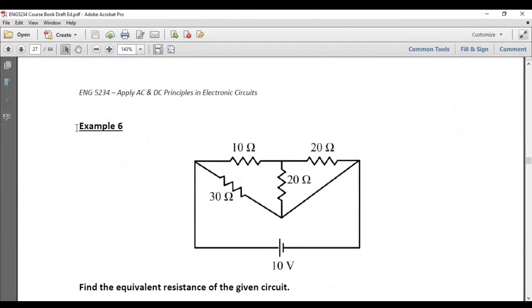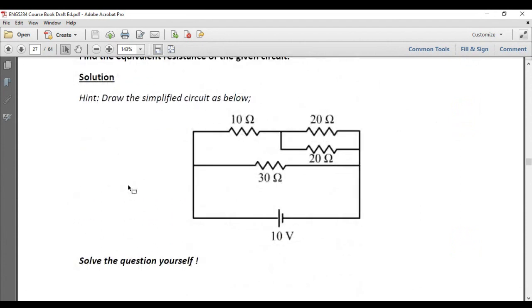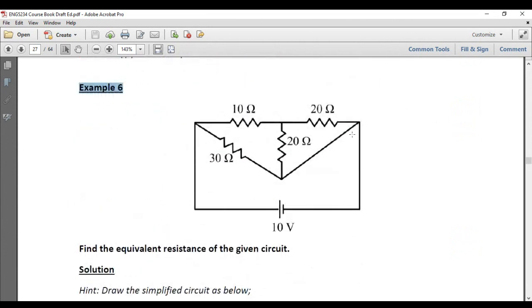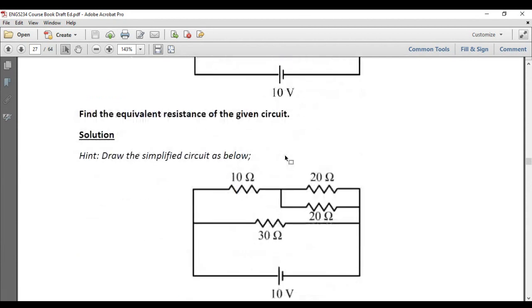There is one more example 6. Okay, same procedure. It is being explained here, it looks like an envelope shape. These two resistors, 20 ohms and 20 ohms, you can draw them like this.